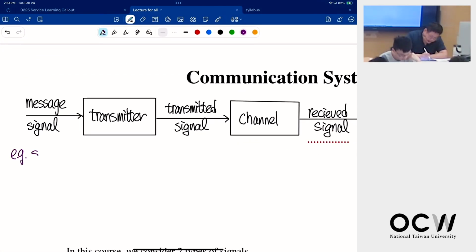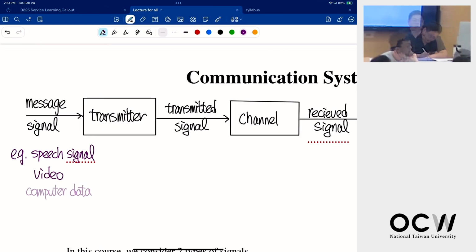Speech signal, or video, or computer data, it's like raw data. And we will send it to the system. We try to convert those message signals into something that we can use. For example, a computer only recognizes 0101, so I need to convert that.